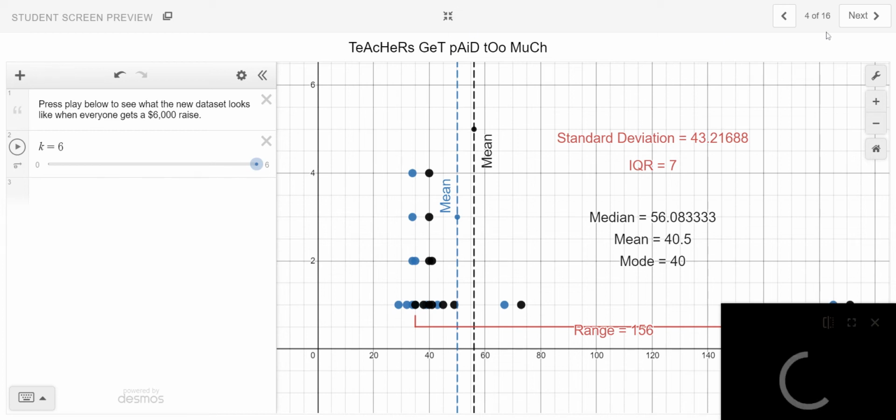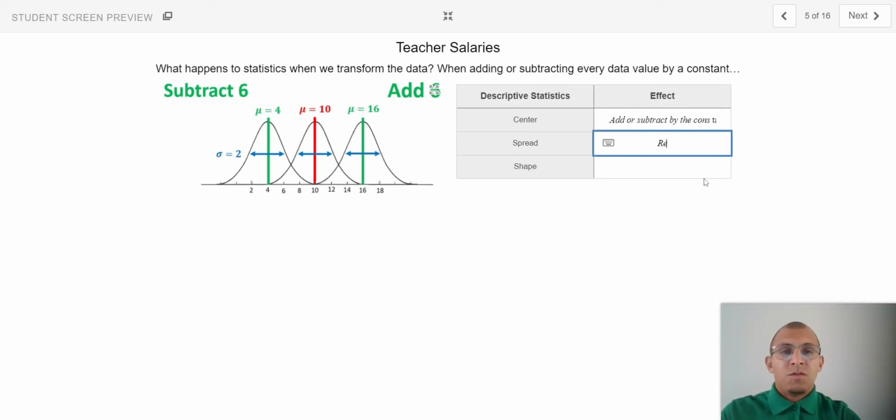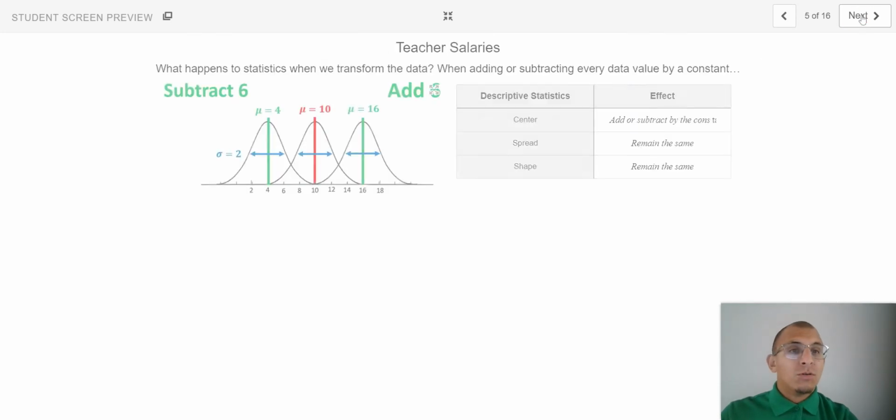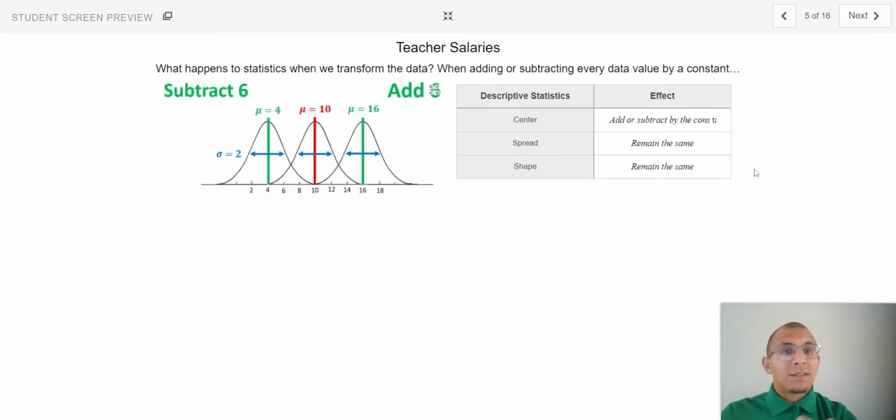So the spread is going to remain the same, as is the shape. So just to conclude, once again, if we are adding or subtracting every data value by a constant, the measures of center, so your mean, your median, and your mode, will add or subtract by the constant value, while the spread and the shape are going to remain the same.